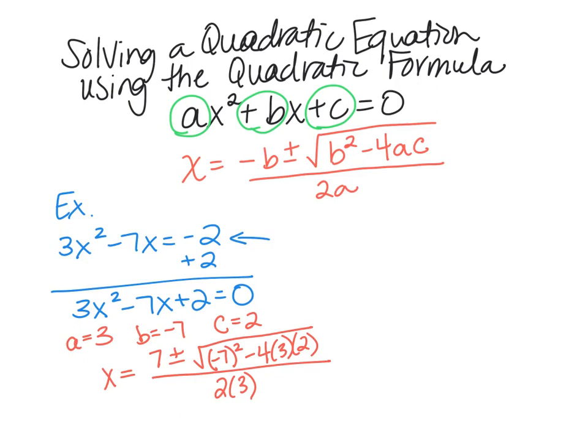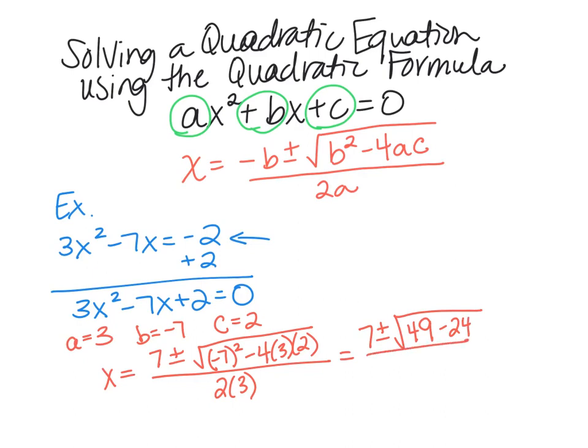So once I've got it plugged into my formula, I'm going to kind of work from the inside out. So I'm going to simplify what's underneath that square root. So I'm going to have 7 plus or minus the square root. Negative 7 squared is 49. Negative 4 times 3 times 2 is going to be 24.